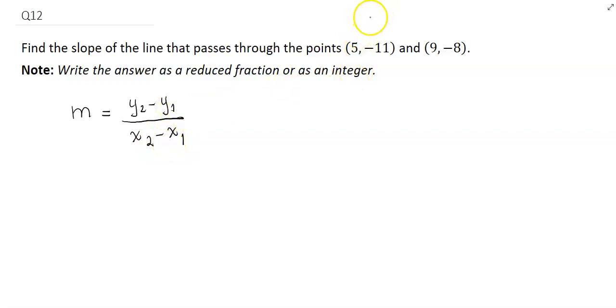So if I call this my point 1, and this my point 2, it means that this is x2, and this is the y2. This is x1, and this is the y1. Okay, so paying attention with signs, I'm going to replace.